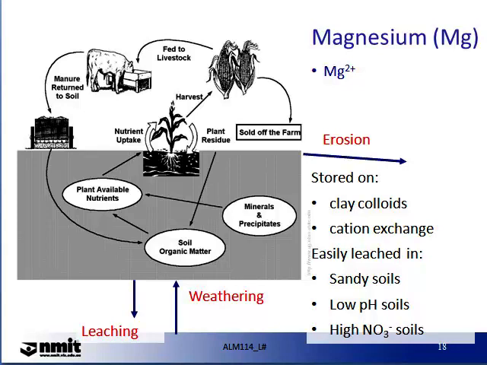As a cation, magnesium competes with calcium, potassium, and NH4 for plant absorption and cation exchange sites. Magnesium deficiencies occur when these other cations dominate soils with low magnesium concentrations, that is, less than 10% of base saturation.